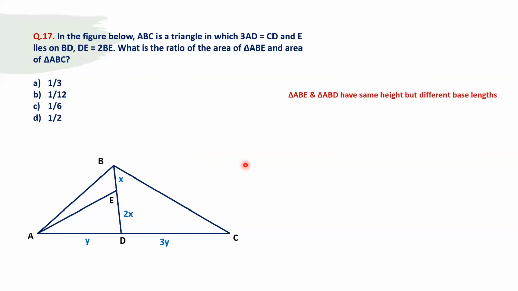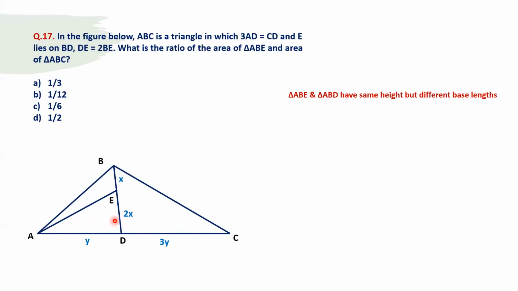Now ABE and ABD. So this triangle ABE and this triangle ABD, they have same height but different base lengths. Why? Because their base is this BE and BD. So the base is on the same line extended here. So if we drop an altitude from vertex A in the smaller triangle ABE, then it will be outside the triangle.